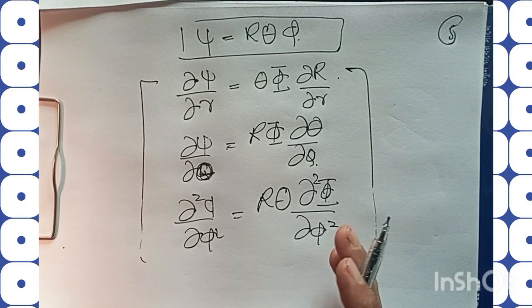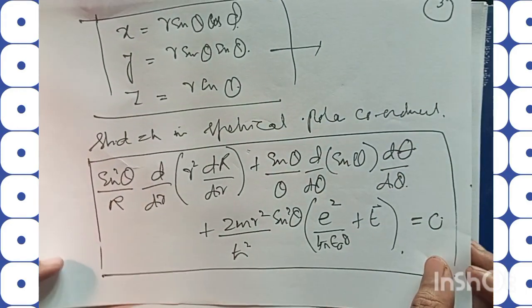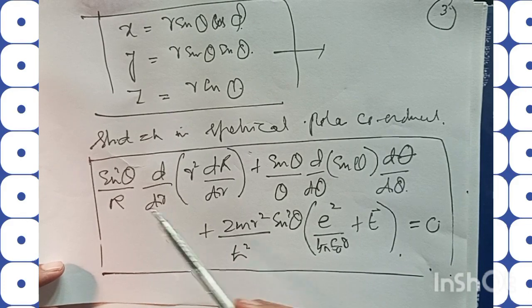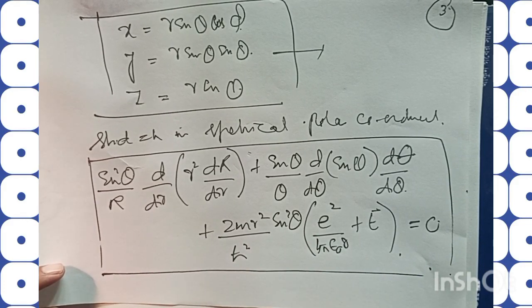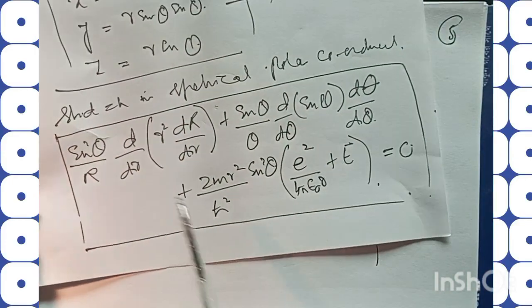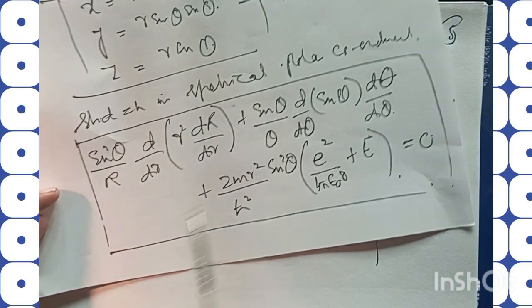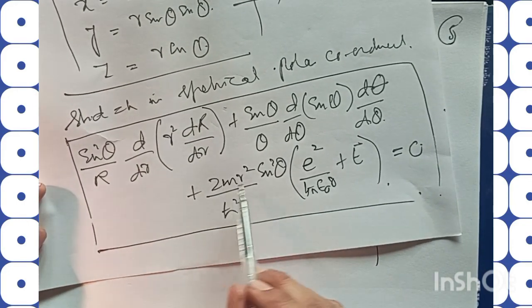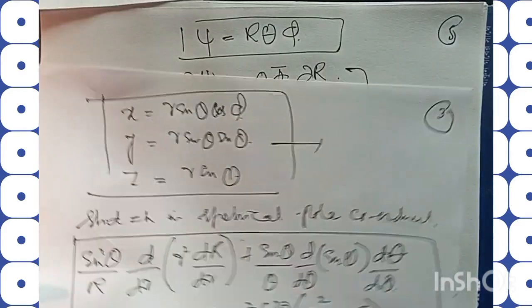And when we do that, we come up with this equation where we have things in terms of theta, in terms of r, and in terms of phi. Here I have the r part, I have this part, and I have 2mr square sine square theta by h cross square.